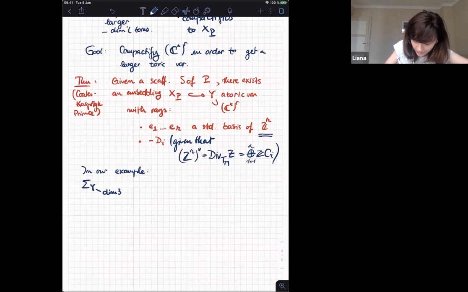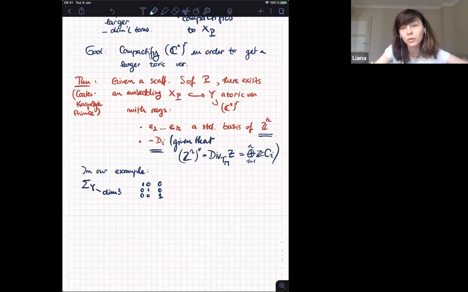So, okay, let's start. A standard basis, e1 to e3, and then 2 more rays, one corresponding to D1 and the other one corresponding to D2, or minus D1 and minus D2.